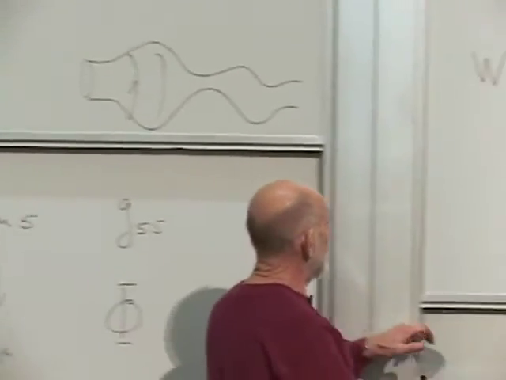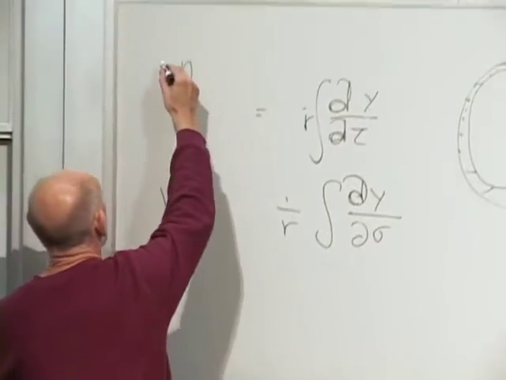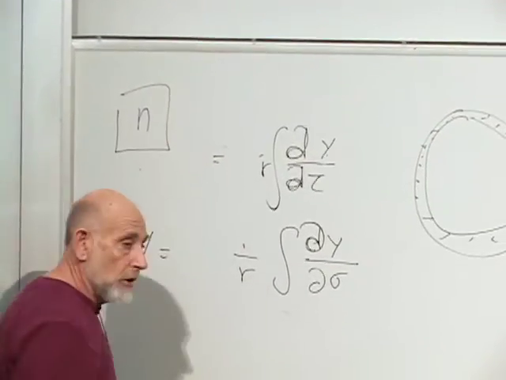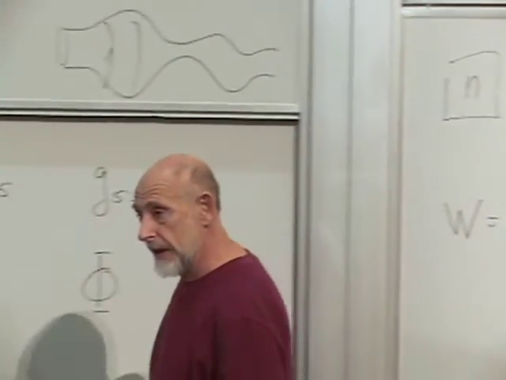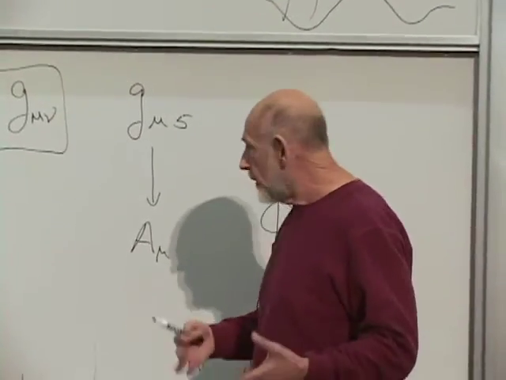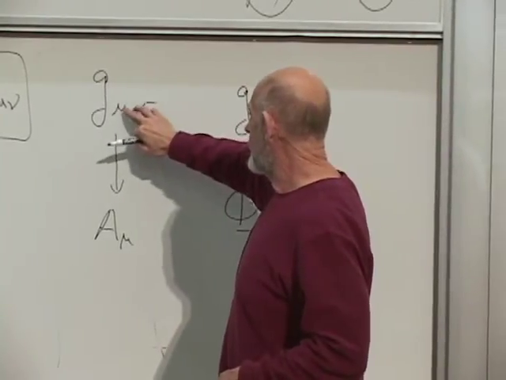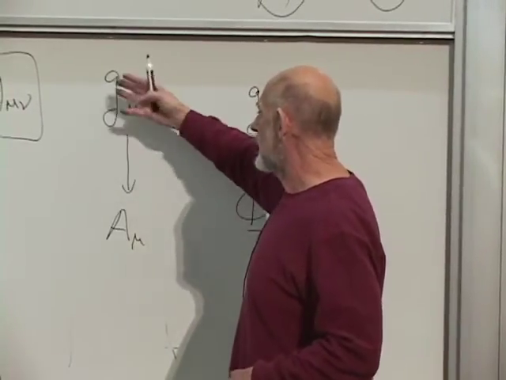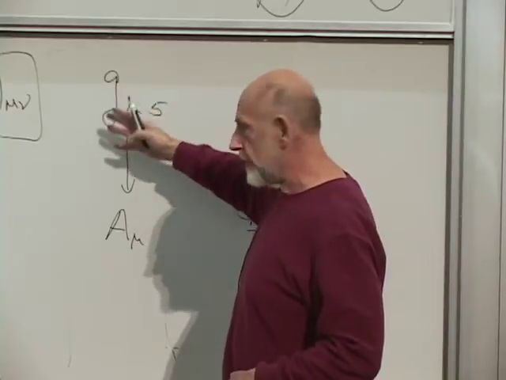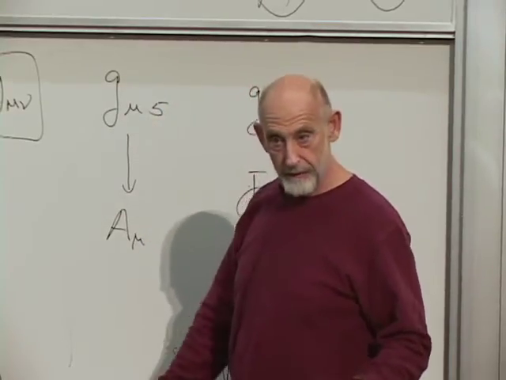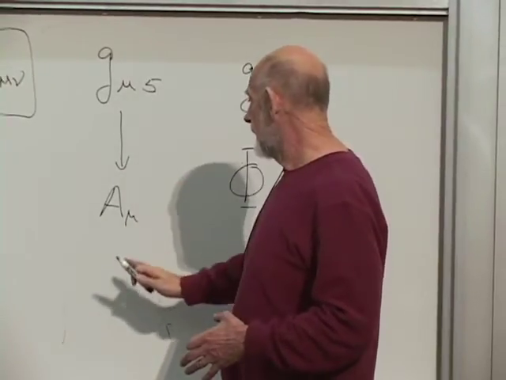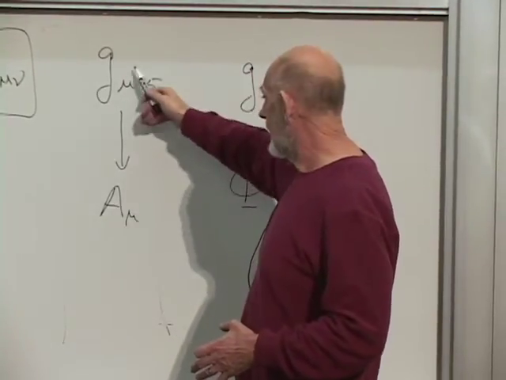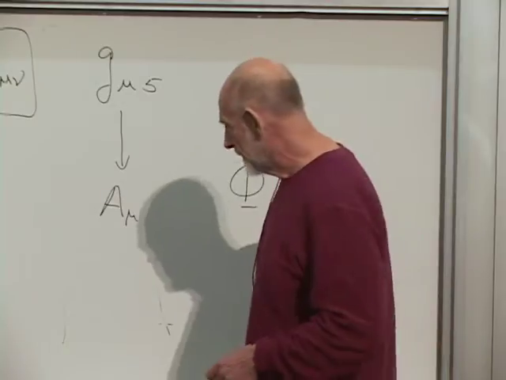The momentum quantum number over here can be thought of as electric charge. In the Kaluza-Klein theory, the mu5 component of the gravitational field is the electromagnetic field. Electric charge, momentum, electric field are components of the metric.